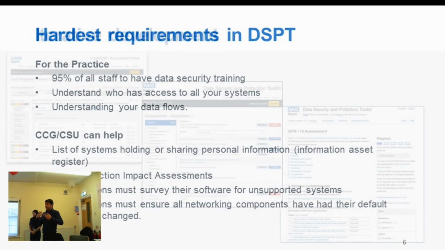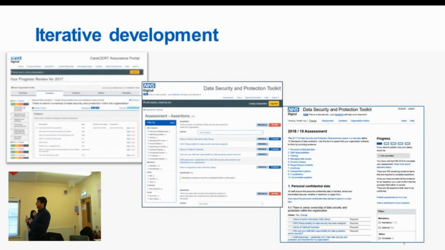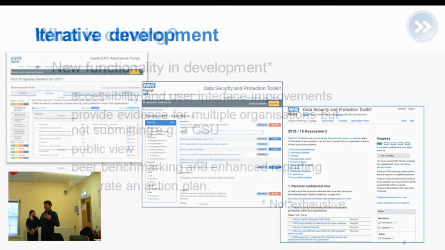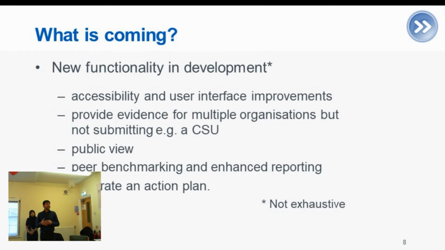So the toolkit is an iterative process because it's new, it's being developed over time, so there will be changes, and I suspect that will happen quite regularly. There's already a consultation out for next year's toolkit as well, so they do want to try and make this work and be quite inclusive. There's lots of things that they're looking at developing, so it's accessible for more people, and you can do things for multiple organisations.